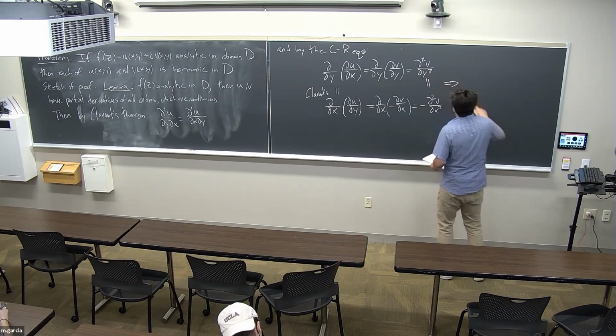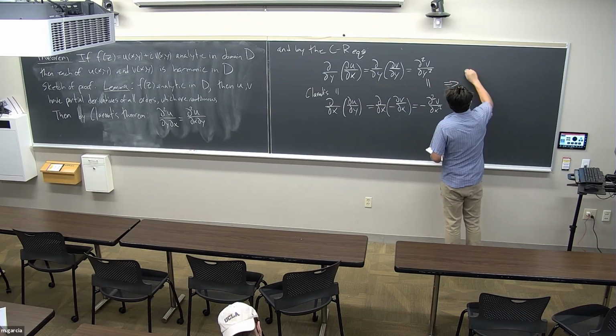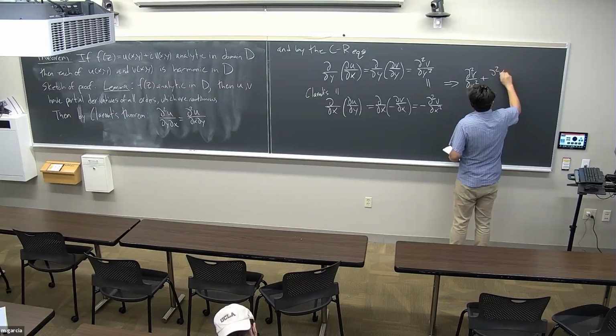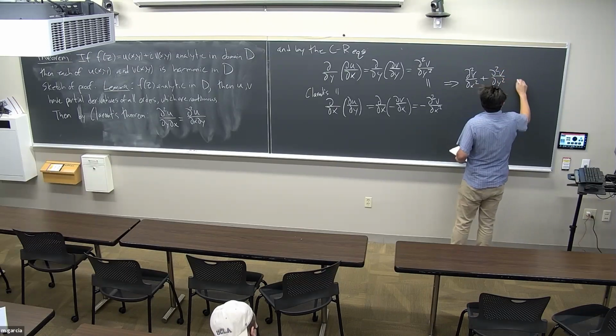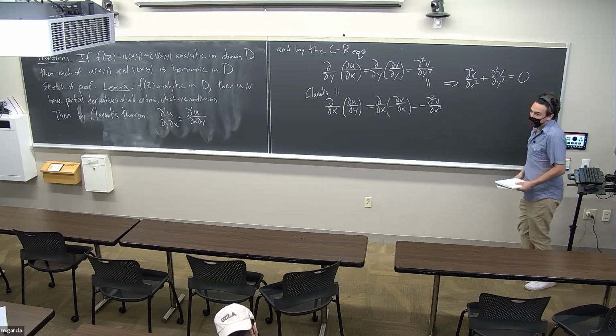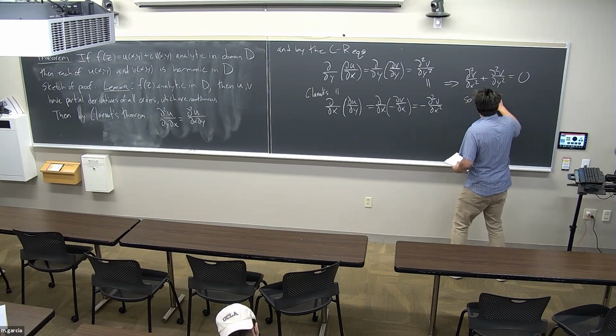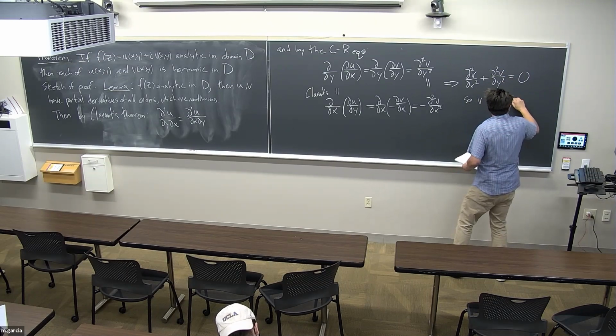So what does this tell us? d squared v dx squared plus d squared v dy squared is equal to 0. So v is harmonic.